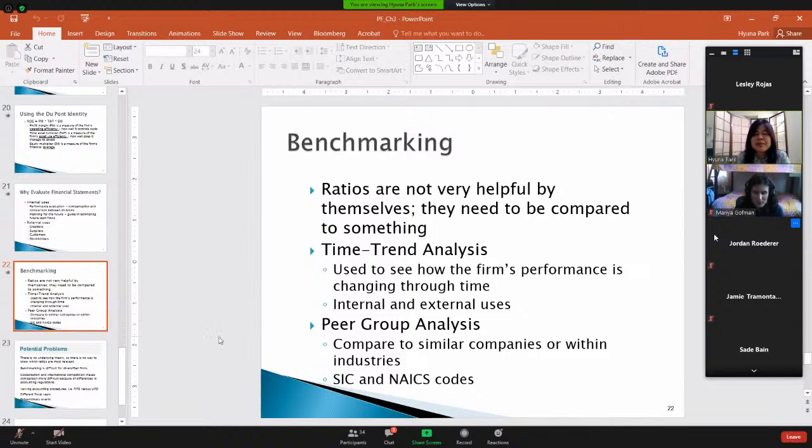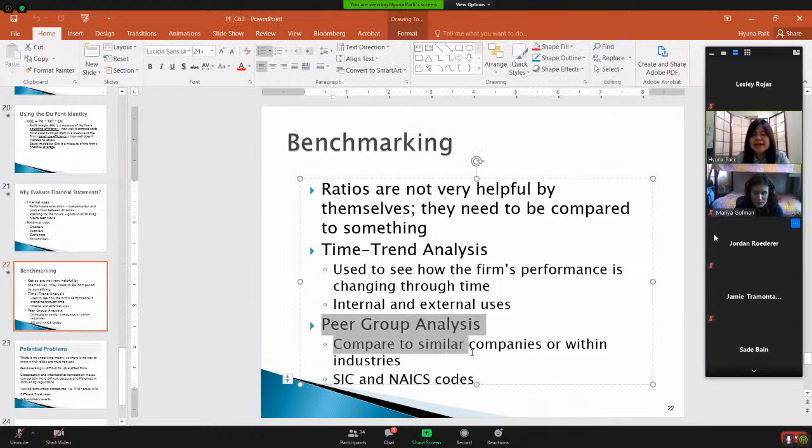It can be peer group analysis, competitors within the same industry, using SIC code or NAICS as industry classification codes to find the peers. In more advanced finance courses, you will learn other sources of finding peer groups.